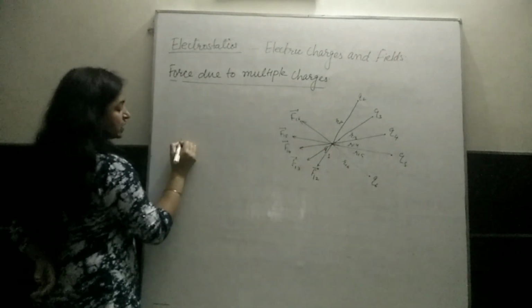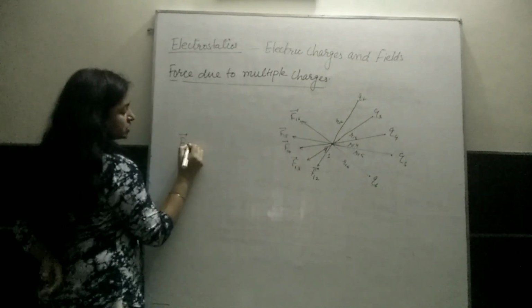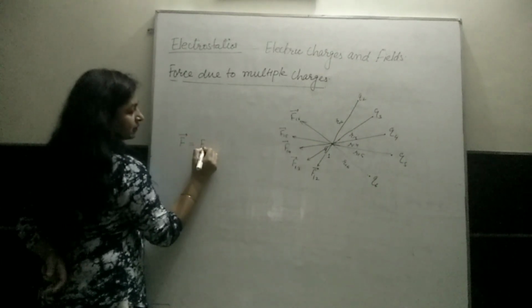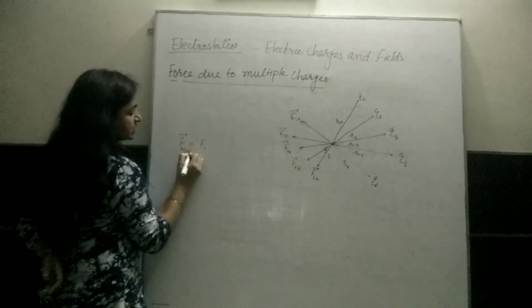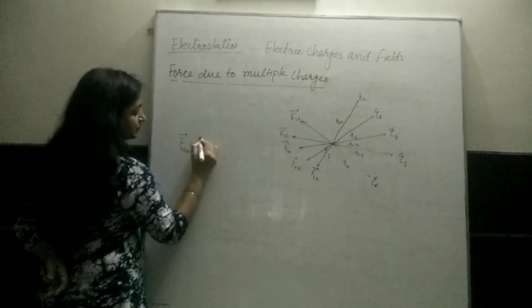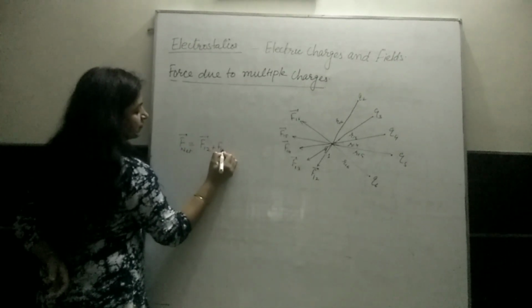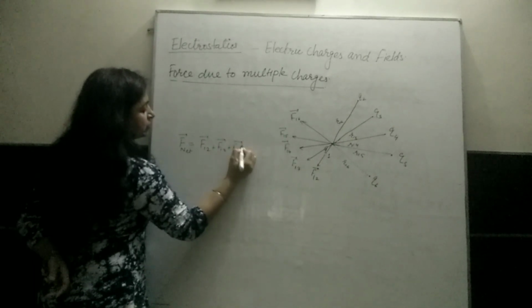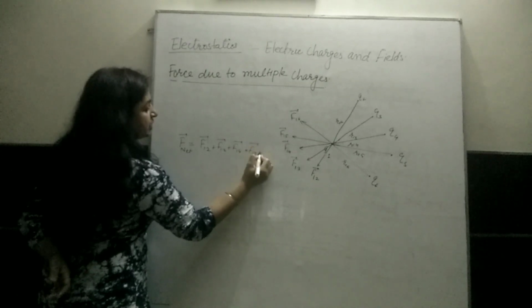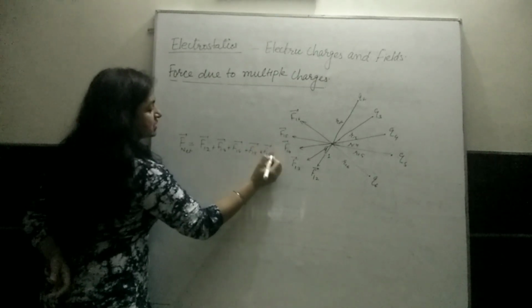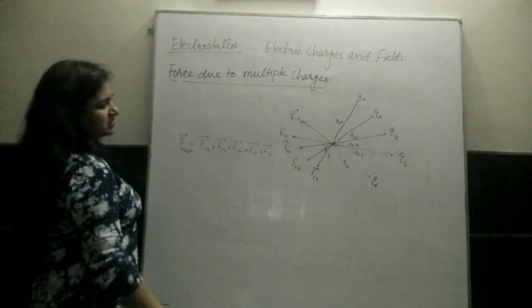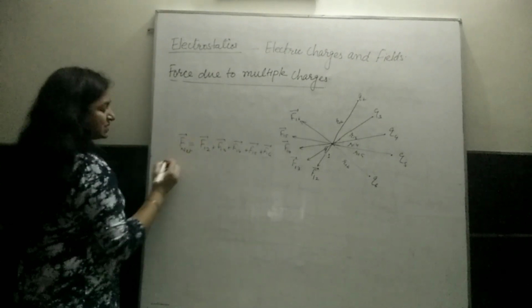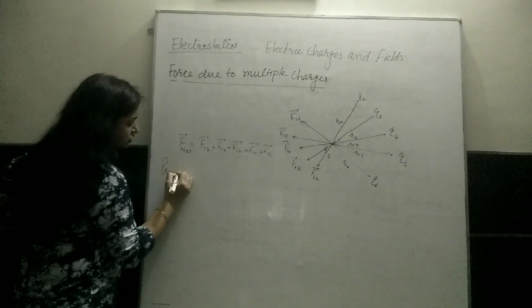Mathematically, the net force is F12 plus F13, F14, F15, F16 and so on, if the number of charges in the system is more. So this is the principle of superposition.